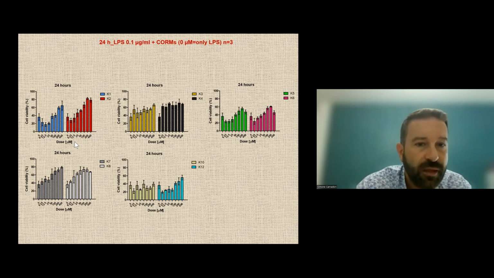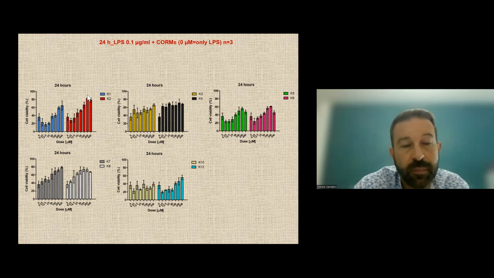For example, think about K1 and K2, which can reach at the higher concentration at least 100% of viability, but also K7, for example, and just a little bit K8 and so on.